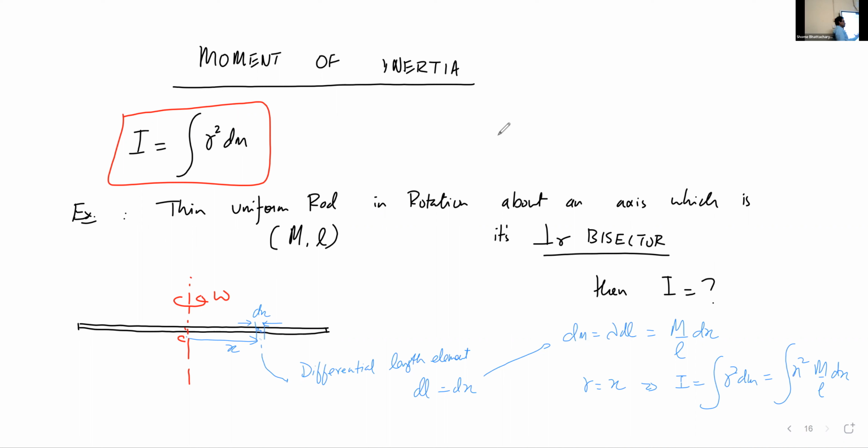The whole length is l. So my x coordinate will go from this end where it's minus l by 2 to that end where it's plus l by 2. So this will be integrated from the point a to b, so from minus l by 2 to plus l by 2, we have to do this integration.